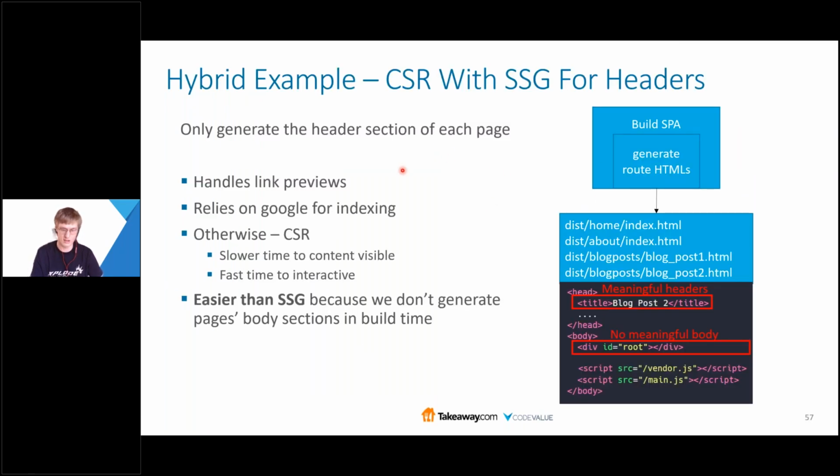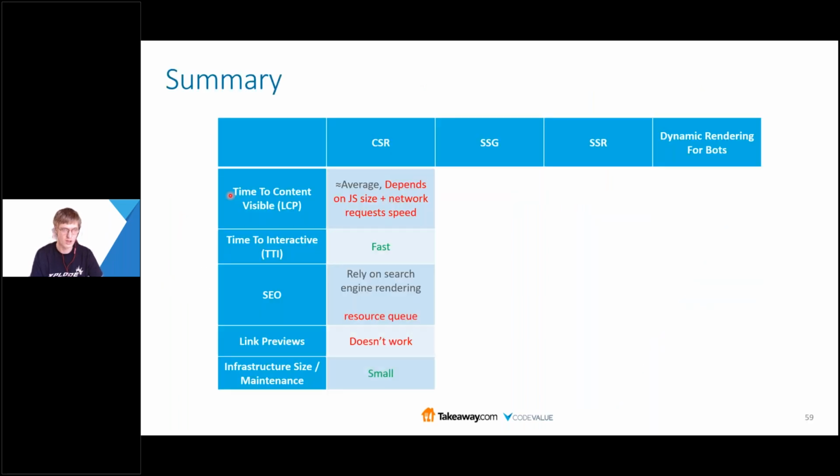This is actually the one thing that you can do to make your client-side rendered application useful with link previews. And the infrastructure and the maintenance is the smallest of all the solutions, which is the huge advantage of client-side rendered applications.